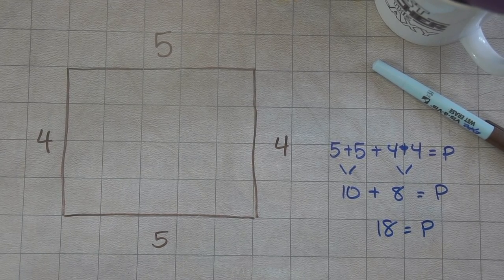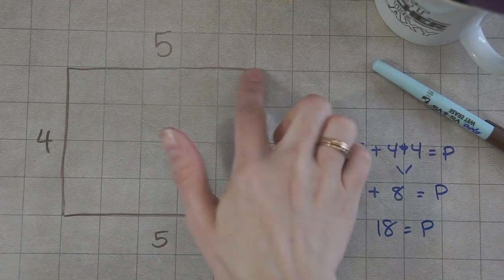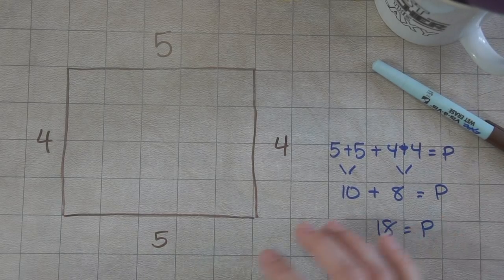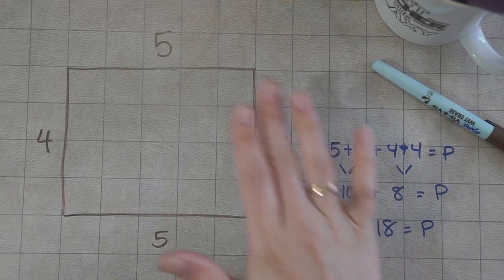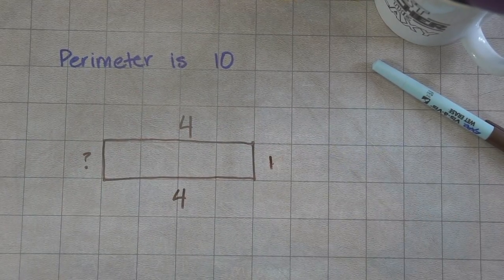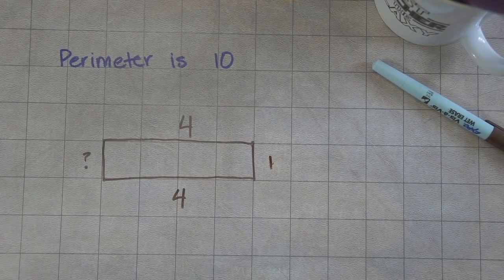All right. Now, most problems where you're measuring the perimeter, you can do it like this. But sometimes you're going to run into a problem where they've given you some of the numbers, but they've left some of them out. I'll show you what I mean. As you're doing your workbook pages, you might run into a problem like this.